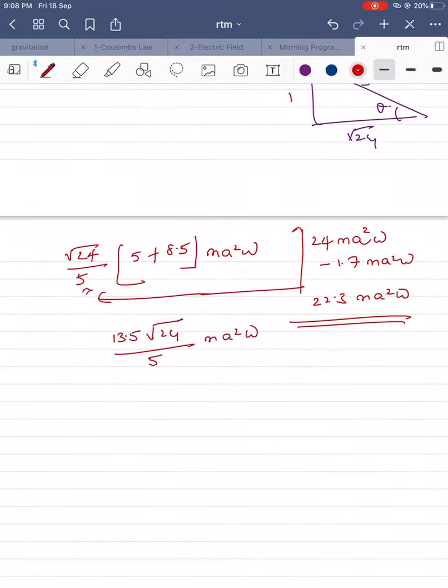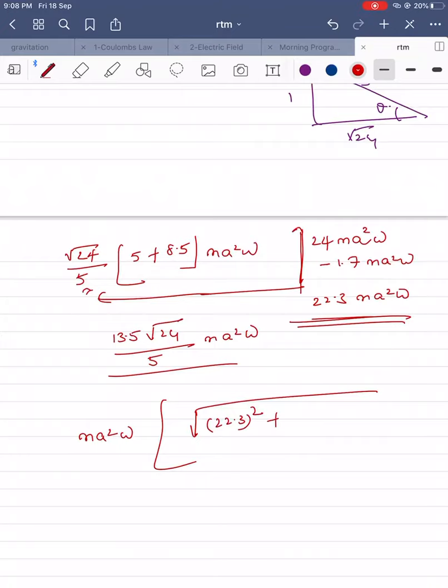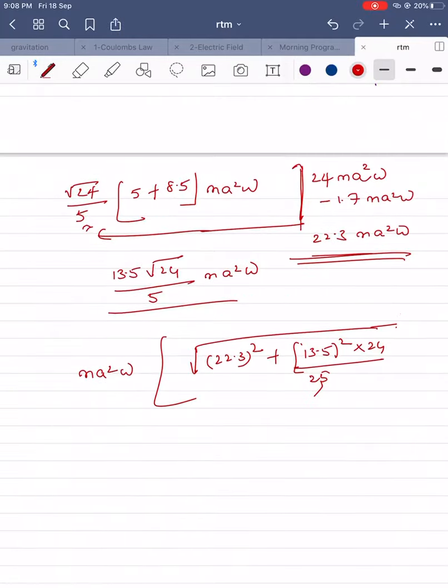If you want the total net angular momentum, it will be the resultant of these two. m a square omega you take as a common factor and try to simplify. It is equal to the square root of 22.3 whole square plus 13.5 whole square into 24 by 25. If you try to simplify, it is coming around 22.3 and the other is 13.5.